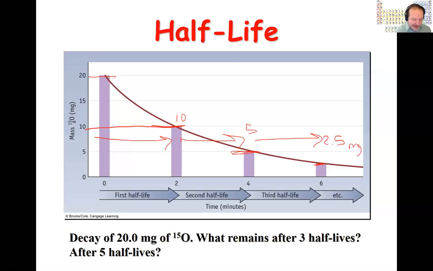The 4th would go to 1.25, and then half of that, probably 0.625 or something like that. My math may be off, but it's getting close. So it's half of that number. All right, these are important concepts that we're going to use when we deal with our problems here.